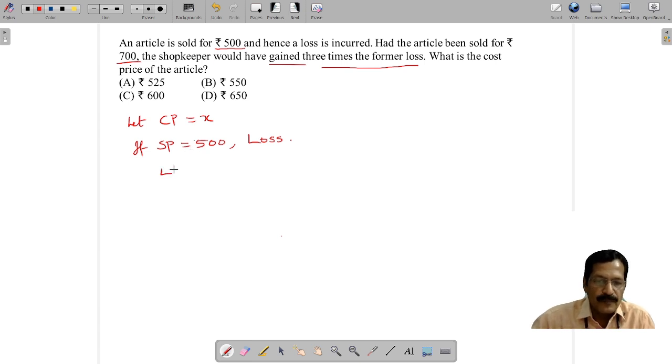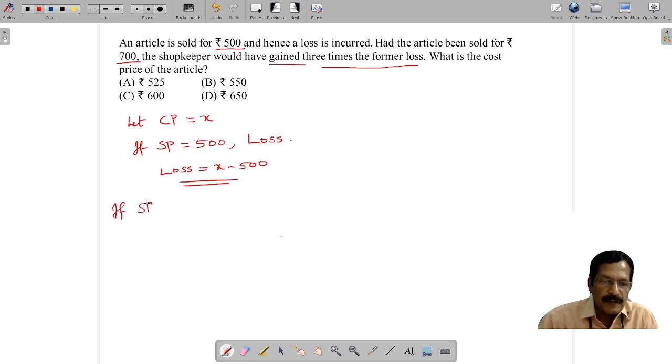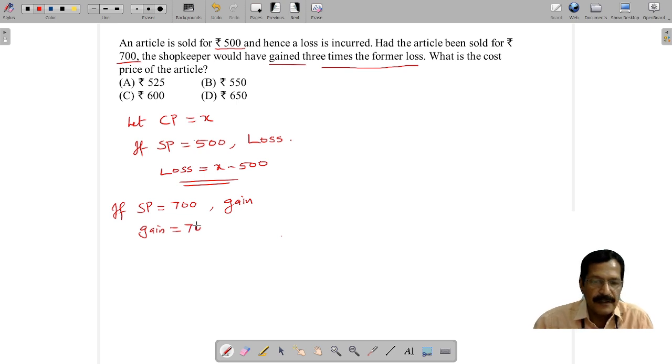Loss will be equal to X minus 500. Now, if the selling price is 700, a gain happens. Since it is a gain, the gain is equal to 700 minus X.